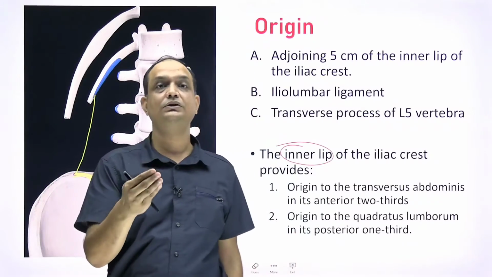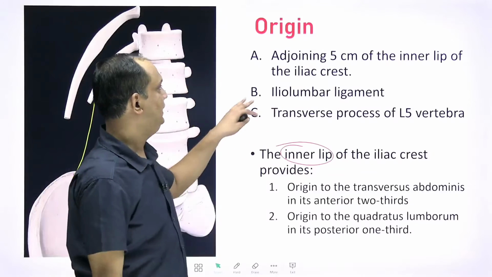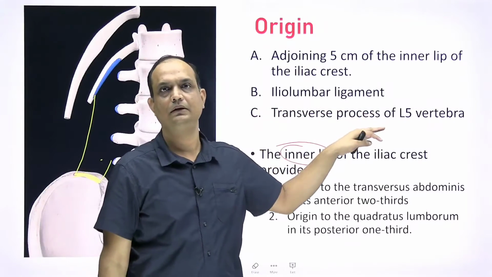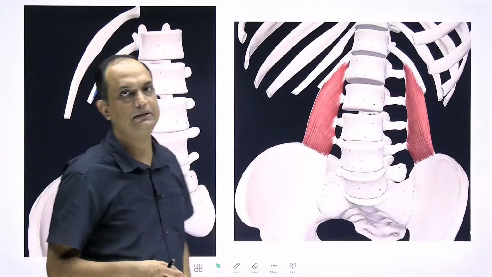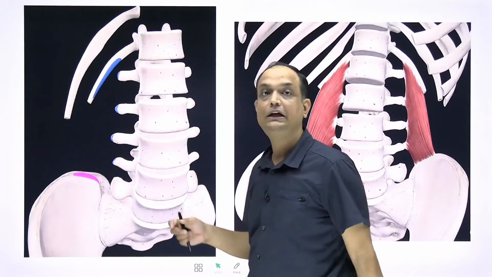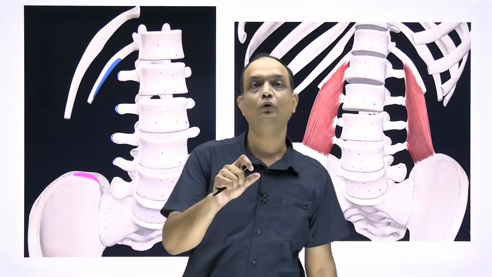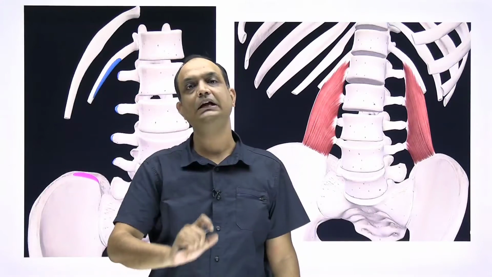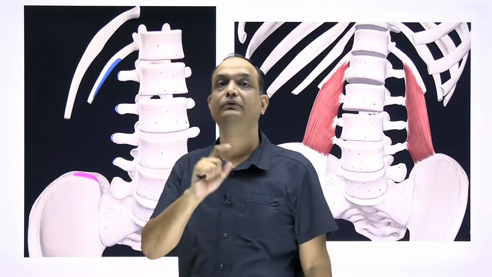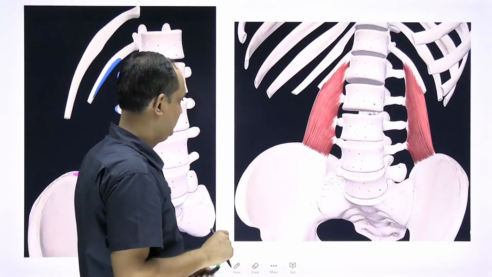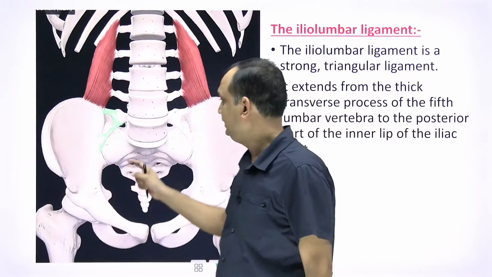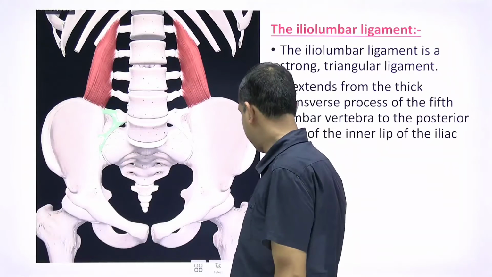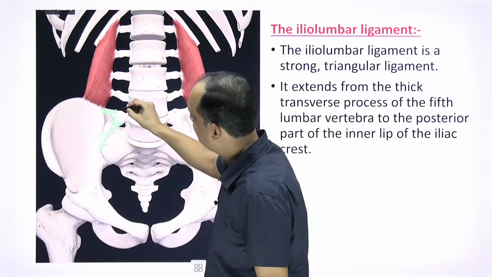Now the other origins are from the iliolumbar ligament. Let's first see what the iliolumbar ligament is. In this image, the iliolumbar ligament is a connection between the ilium and the transverse process of L5. Here you will find the iliolumbar ligament present, and you can appreciate its presence.